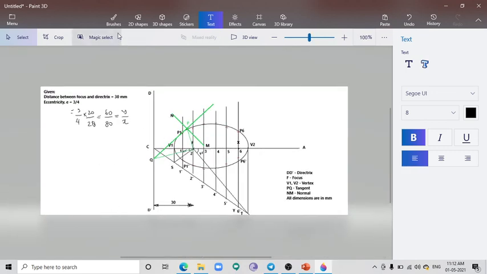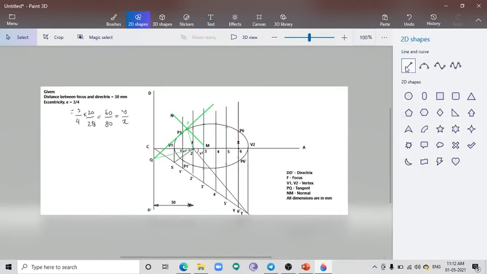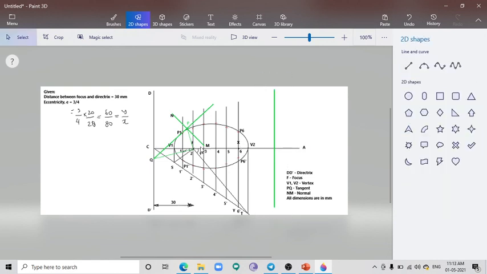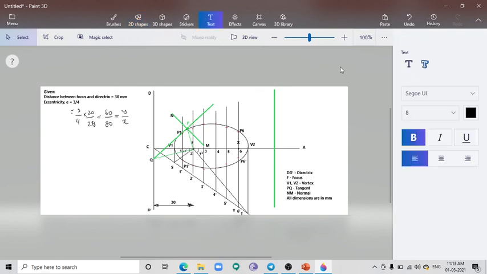If needed, we can draw the second directrix over here, and the distance between V2 and this point should be equal to V1 and C. If needed, we can give namings as D1, D1 dash.